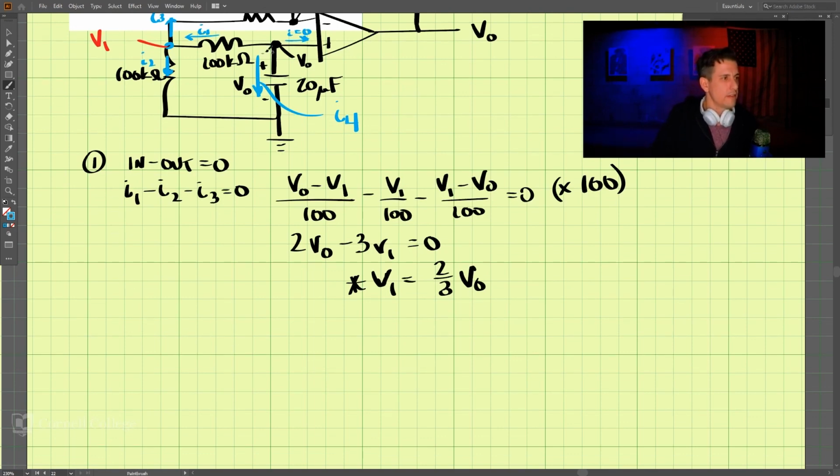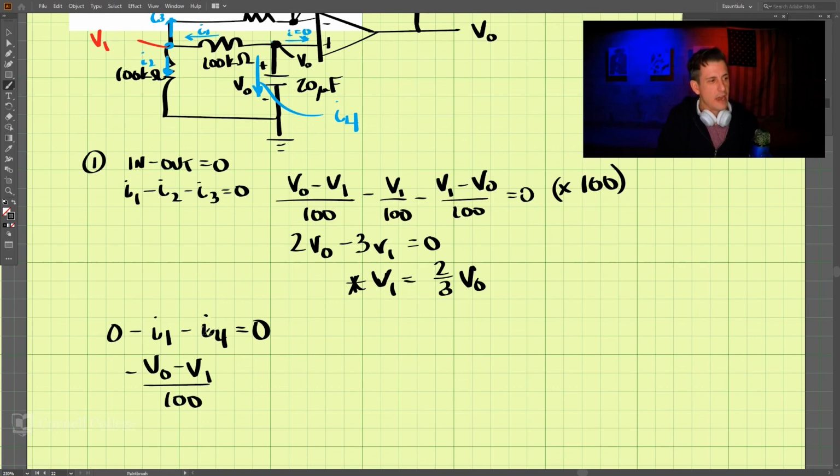So at this node here, we have the equation: 0 coming in minus I1 going out minus I4 going out equals 0. Now, we've already found what I1 is. It's this value. So we have negative V out minus V1 divided by 100.